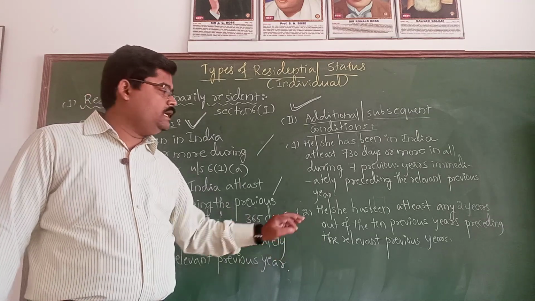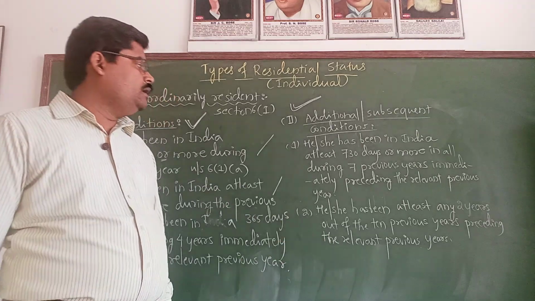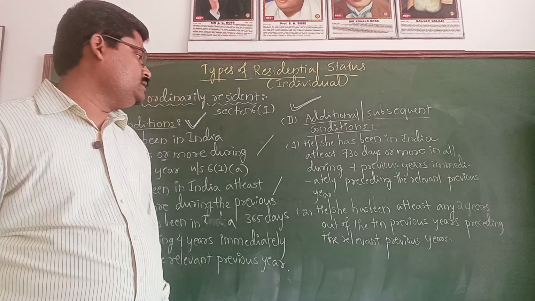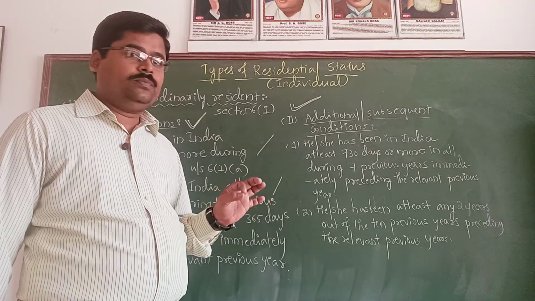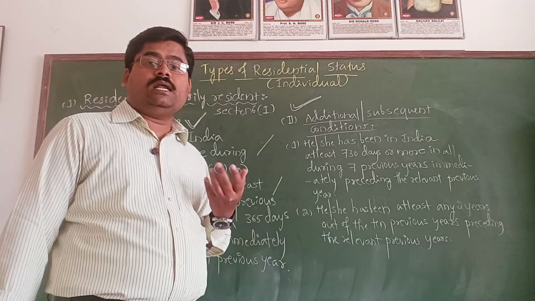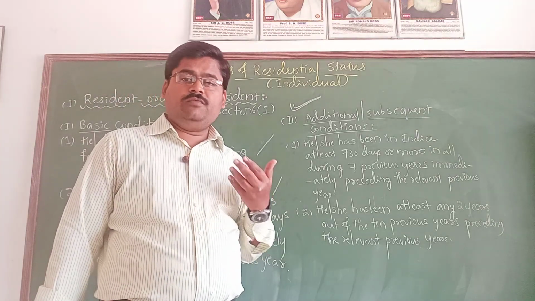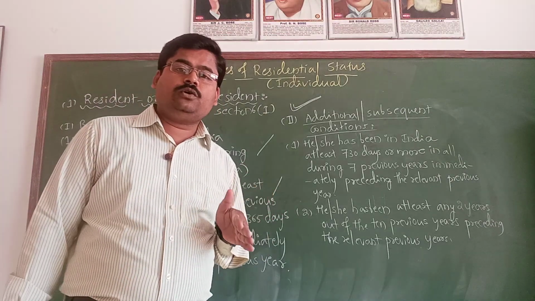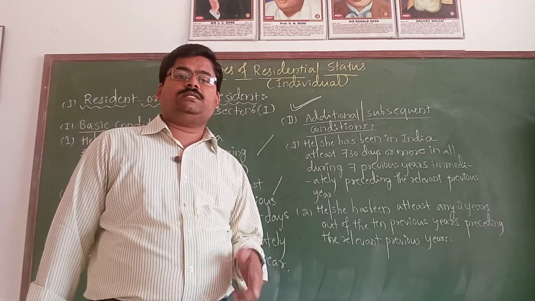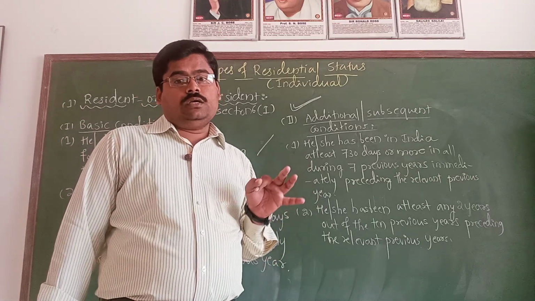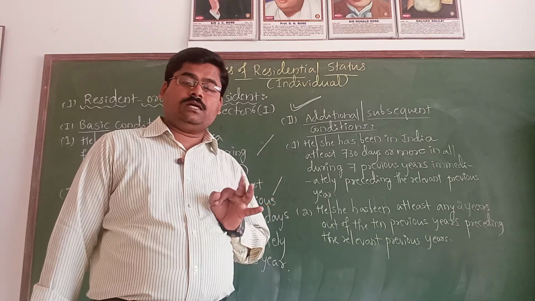And the next is that he or she has been in India for at least 2 years out of the 10 previous years immediately preceding the relevant previous year. If he is in India for at least 2 years out of the 10 years immediately preceding the previous year, then also he fulfills the additional conditions.